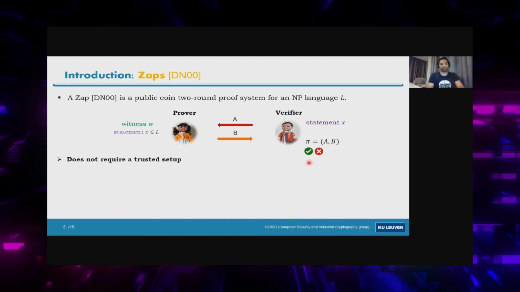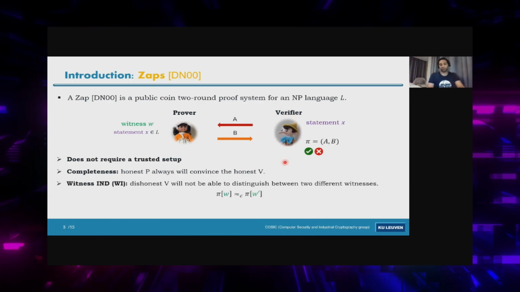The cool thing about this primitive is that they don't require a trusted third party, and that's a nice thing. But similar to other proof systems, they need to be complete. Basically, an honest prover should convince the verifier. And they also need to achieve some security notion against a malicious verifier.